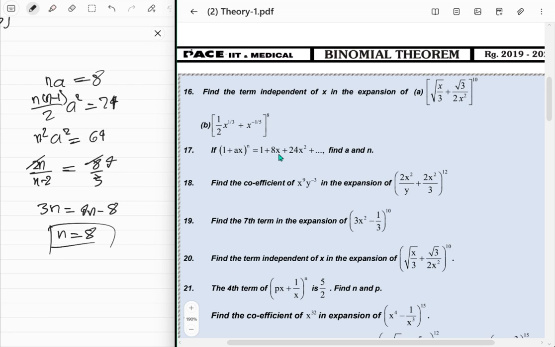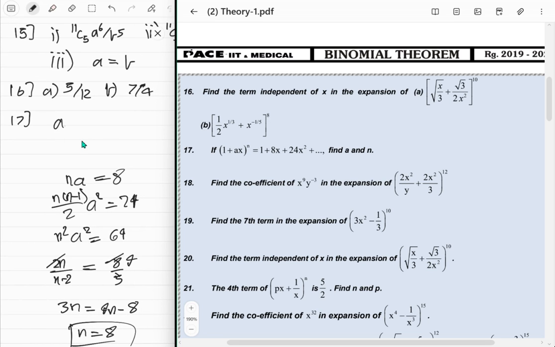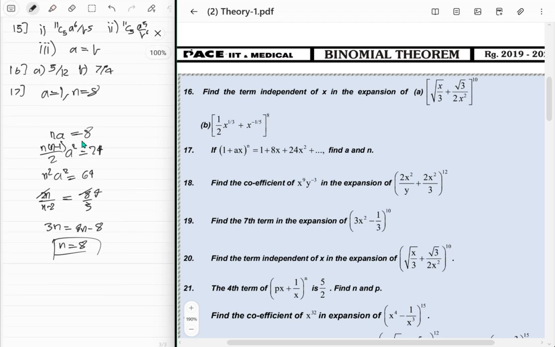So n, we found it, so just put that in here. a should be 1. Yeah, right. So like 8C2, that's 8 into 7 upon 2, which is, right, 4 into 7 is 28. Hey, wait, what is happening? That shouldn't happen. How did it get 24?